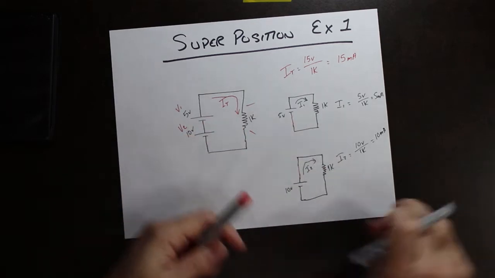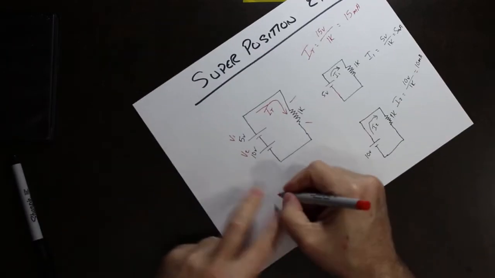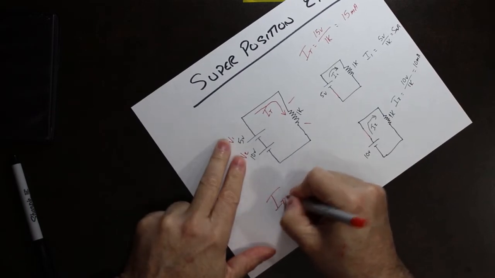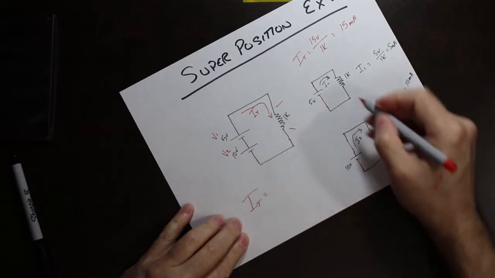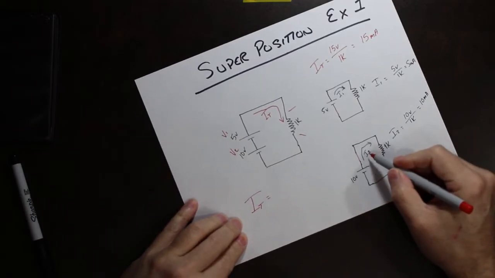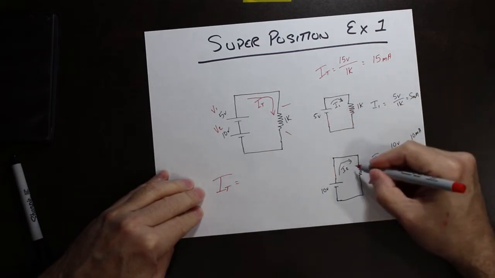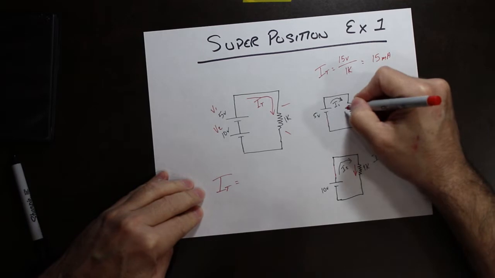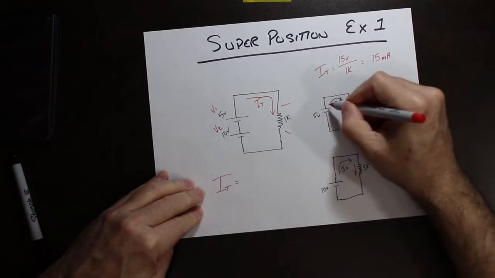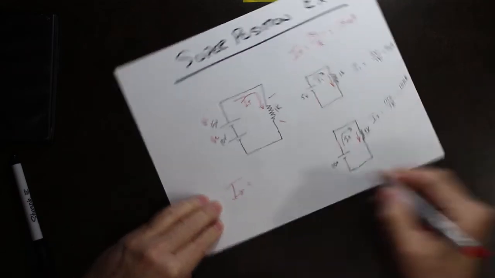Now, when we look at I total, I total is combining I1 and I2. Since both of these are going through the load in the same direction, we add those currents.